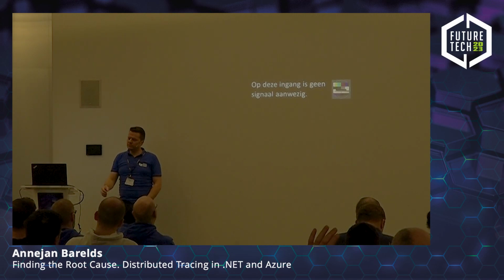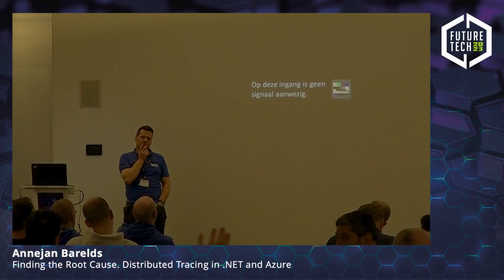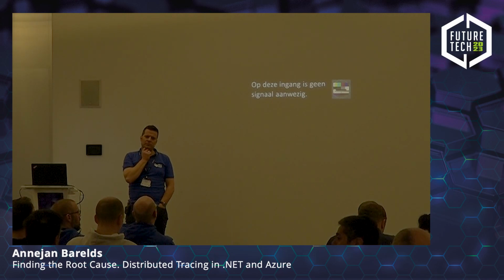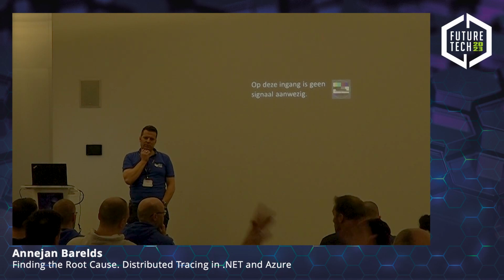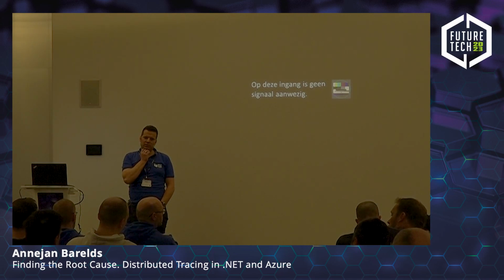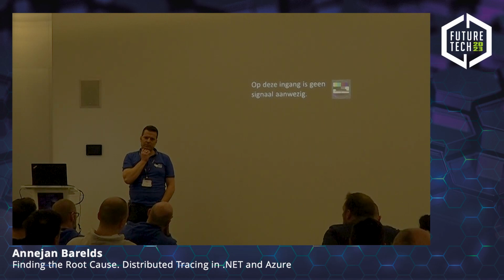But if that other application outside this is also pushing all the tracing to Application Insights, and that one has an operation ID, the moment that it leaves, for example, AWS and goes to Azure, how can you make sure that it remains the same operation ID? That's the point.